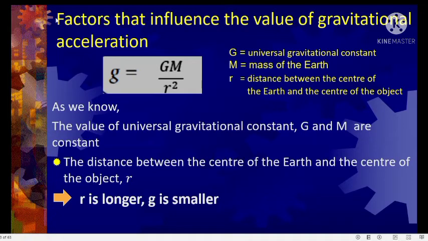So based on that formula, the only factor that influences the value of gravitational acceleration is the distance between the center of the Earth and the center of the object, R. If R is longer, then g is smaller. You can see from here, g is inversely proportional to R squared.